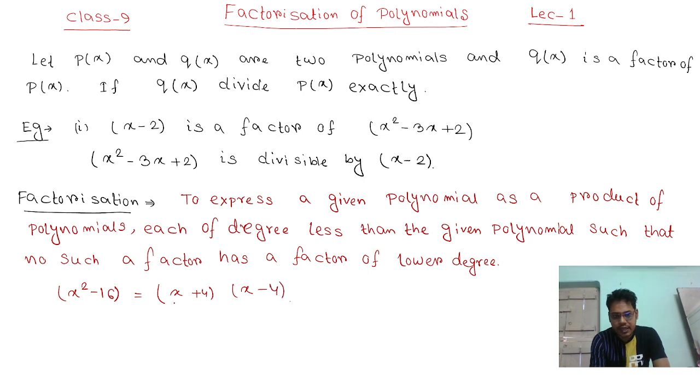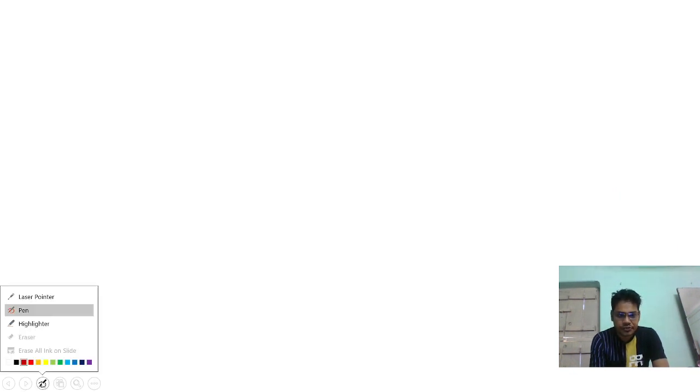The given polynomial has degree x squared, that means power is 2. But the power of the factor is less than this, that is 1. So the degree of the factor is always less than the degree of the given polynomial. You have to remember this. It is very, very important.